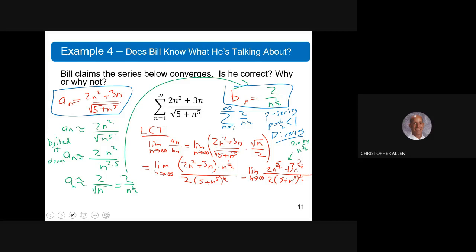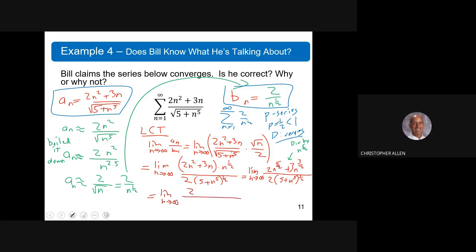All right, so that's going to give me the limit as n goes to infinity. If I take this first term, 2n to the 5 over 2 divided by n to the 5 over 2, that's just going to give me 2.